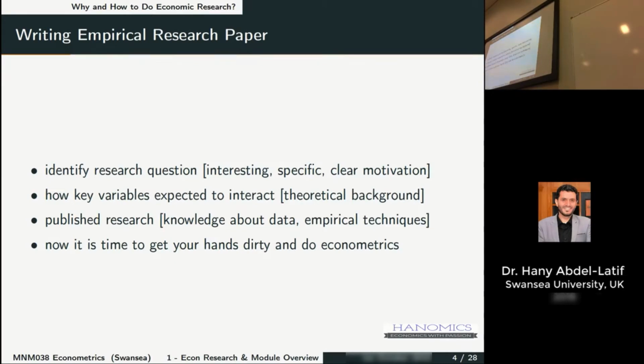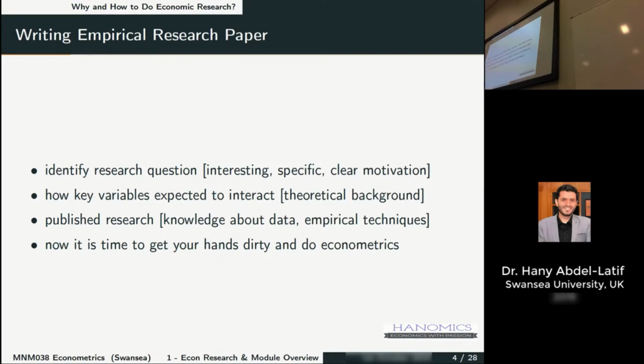So even in your coursework, your dissertation, you can apply this to any empirical piece you're working on. First you start with the research question, then you need to think about how the main variables involved here interact, how you expect them to interact, or what economic theory tells us about these variables.